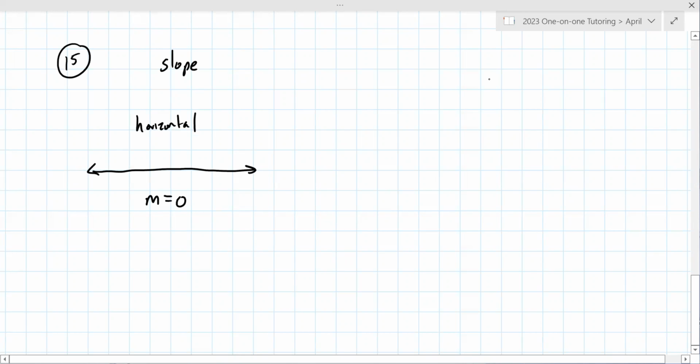The other one you have to know is for a vertical line. The slope of a vertical line is undefined, or no slope. You have to know both of these.